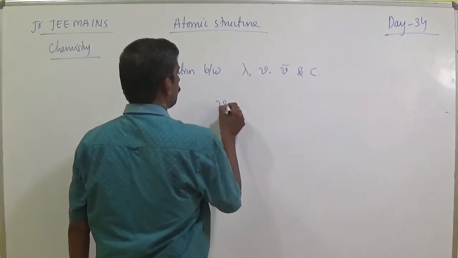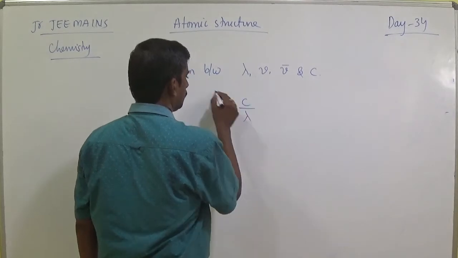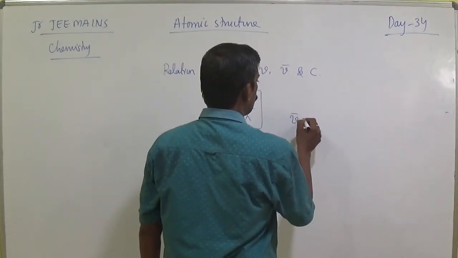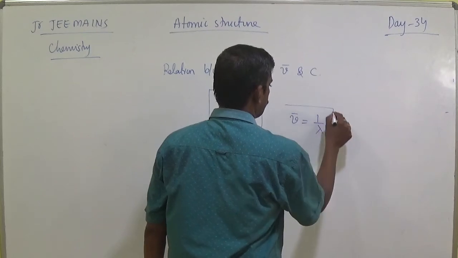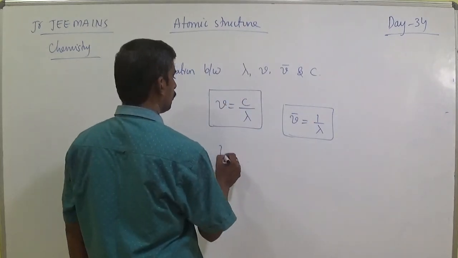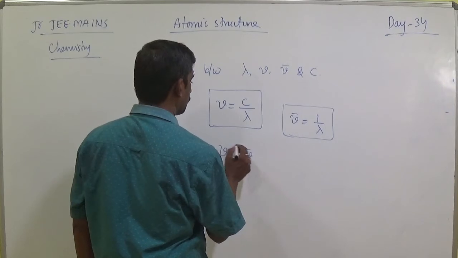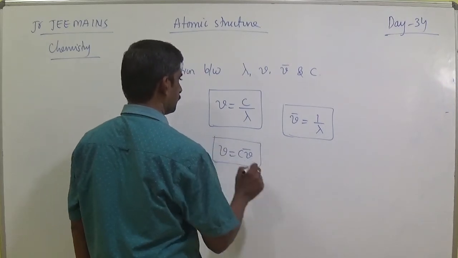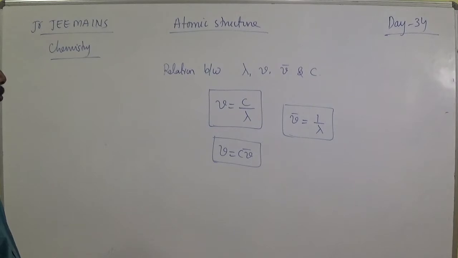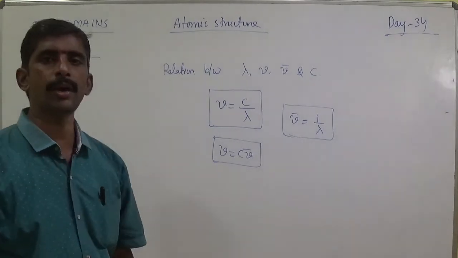Simply, nu equal to C by lambda is the first relation. The second relation is nu bar equal to 1 by lambda. Combining the first and second equations, nu equal to C nu bar. Nu bar means wave number.